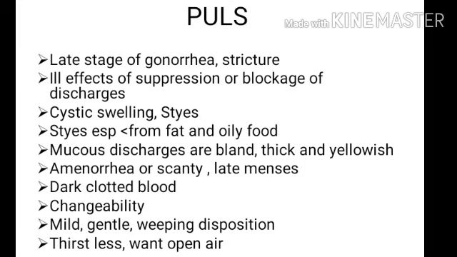The most important symptom of pulsatilla is the mental picture or mental disposition, and physical symptoms are thirstless, hot patient, always wants open air. Pulsatilla is thirstless, hot and wants open air.